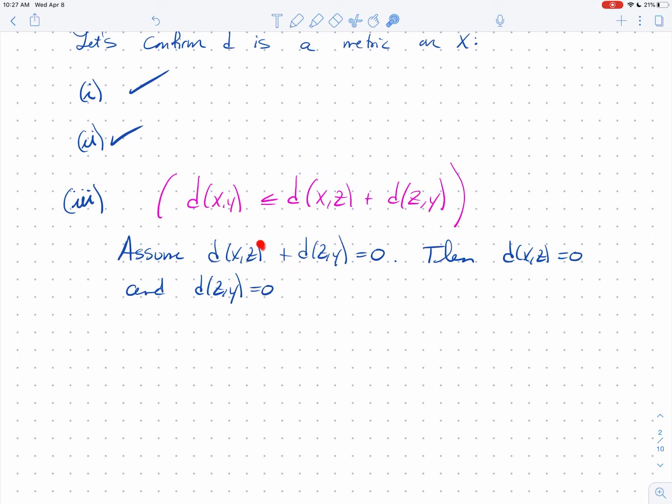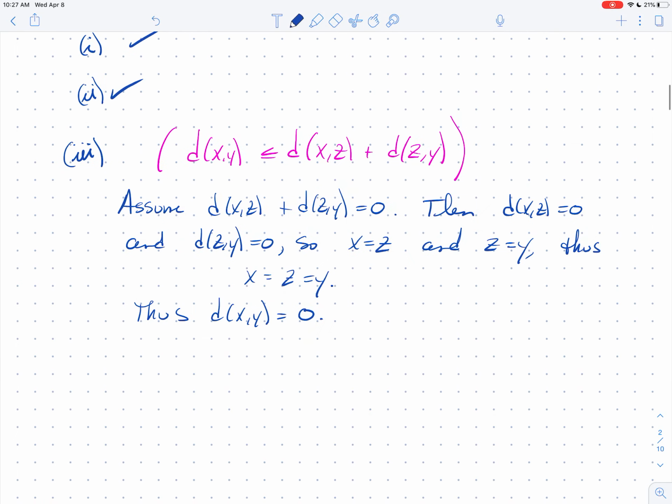In general, if these are allowed to be negative, then this one could be negative and that one positive. But everything is non-negative, and so they both have to be 0. And so what does that mean? So x equals z, and z equals y. We can now conclude that x equals z equals y. And then we can say, thus, the distance between x and y is, in fact, 0.